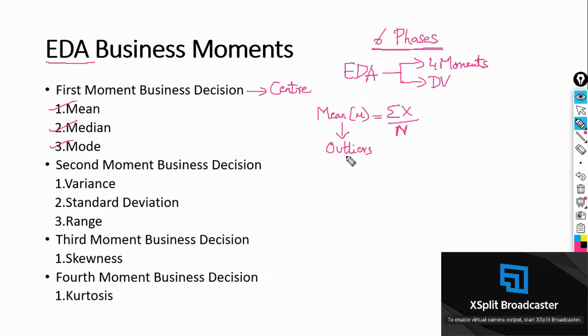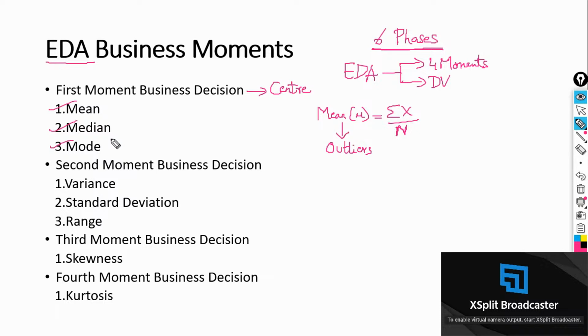In such cases, we are supposed to consider the median value, the middlemost value of an ordered data set, which does not get influenced by outliers. Even if there are outliers or extreme values, median does not get influenced.